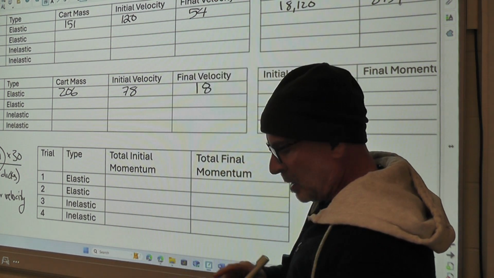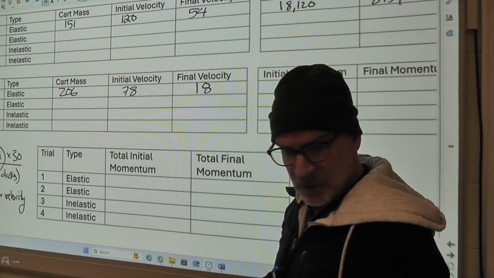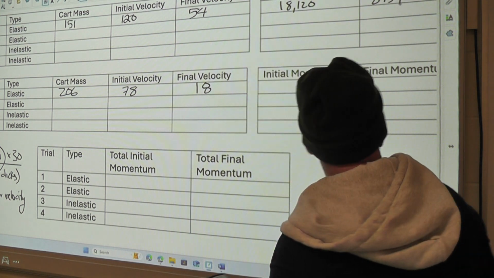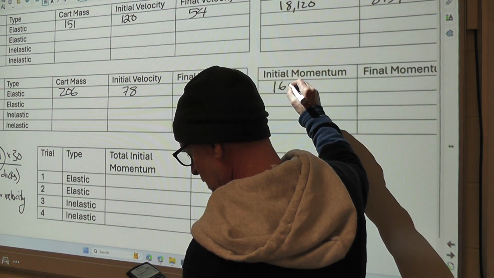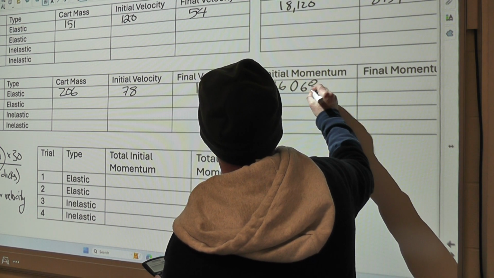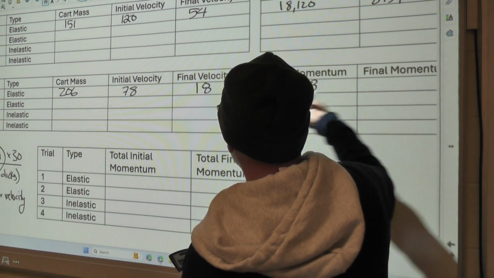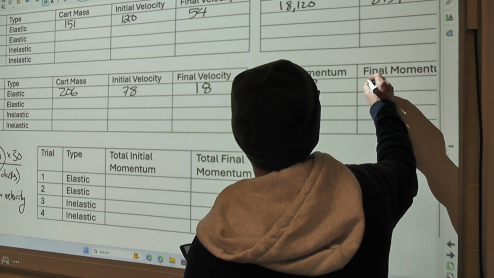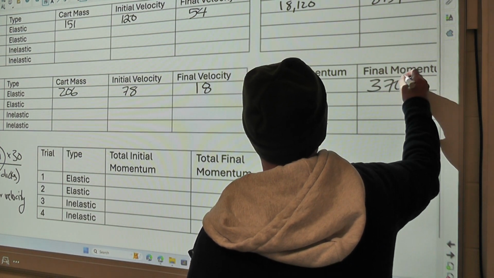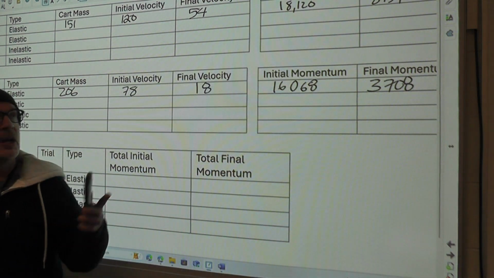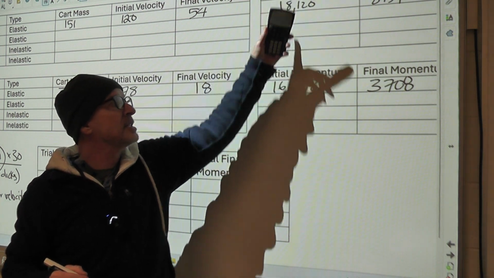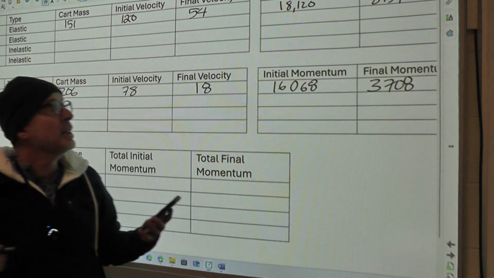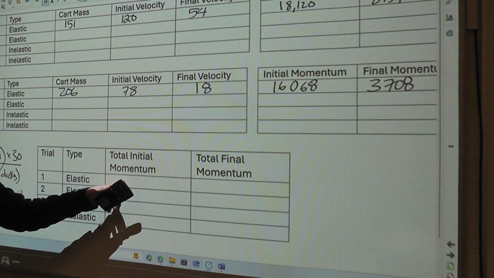And now let's look at the momentum for Sam's cart. His cart had a little bit more mass, 206 times 78 should have been about 16,068 before the collision, and after the collision it should have been 206 times 18, which is about 3,708. And then what I said was, if we add the total momentum before the collision, this plus this, and the total momentum after the collision, this plus this, then we can find overall how much momentum there was.